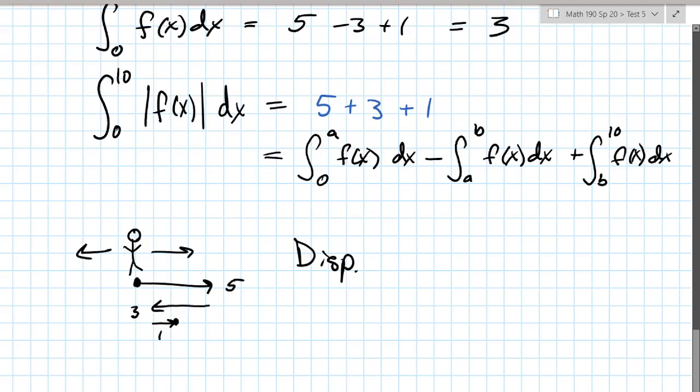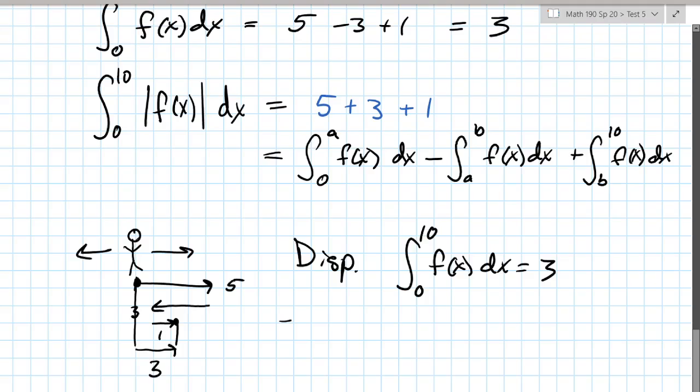And our displacement is the integral from 0 to 10 of f of x dx, and it was 3. Right? You went 5 that way, back 3, forward 1. So from here to there, you could have just gone 3 instead of forward, back, and then forward.